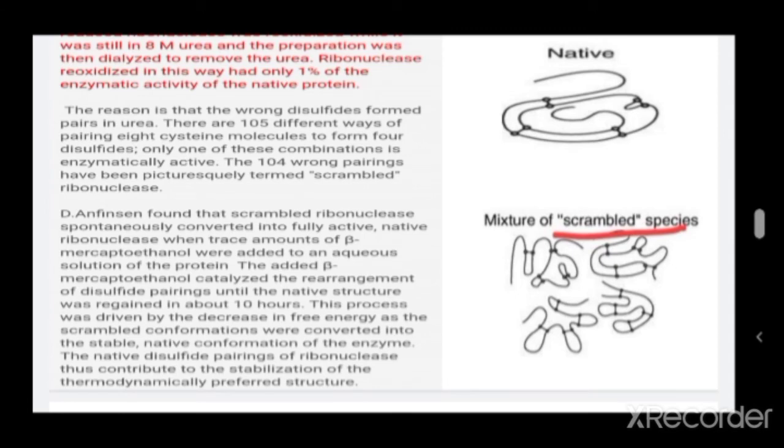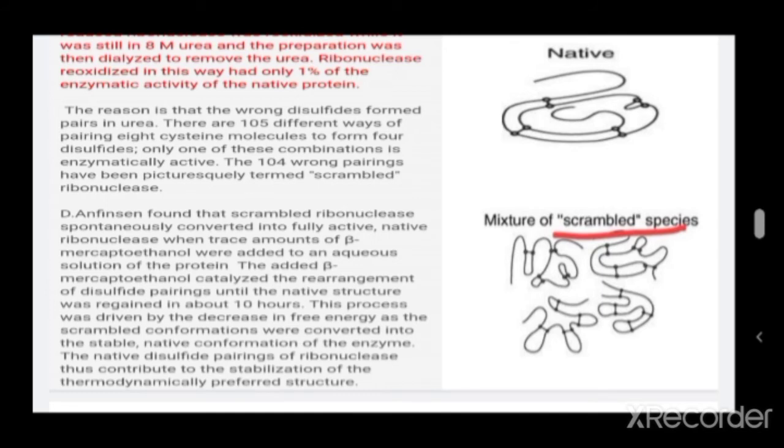So when you are adding a trace of beta-mercaptoethanol, the renaturation process takes place.